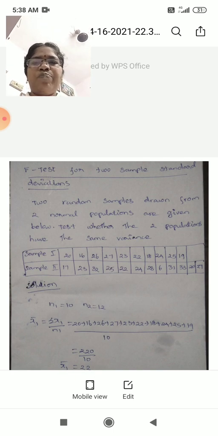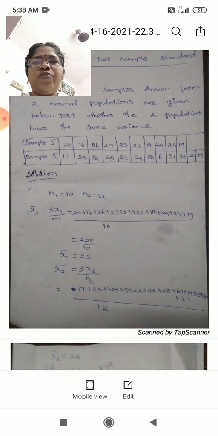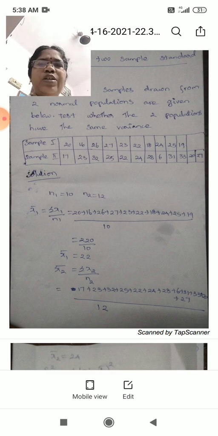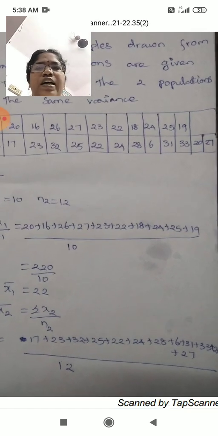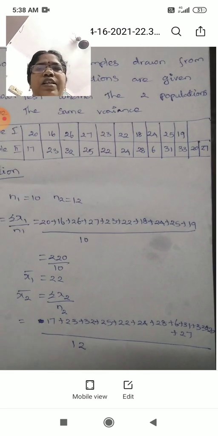Sample 1 values are 20, 16, 26, 27, 23, 22, 24, 25, 19. Sample 2 values are 17, 23, 32, 25, 22, 24, 28, 6, 31, 33, 20 and 27.